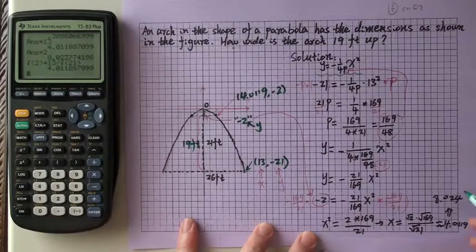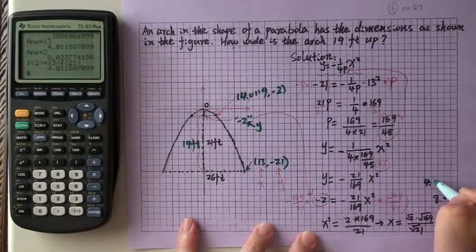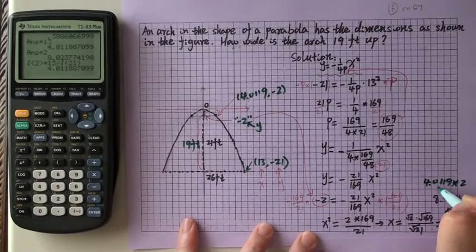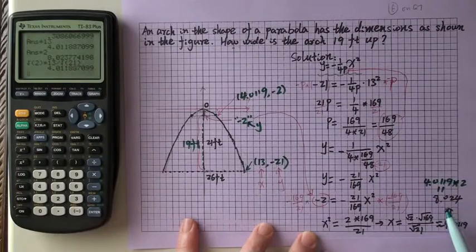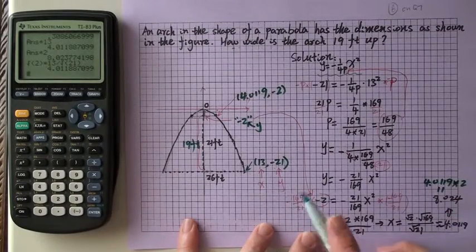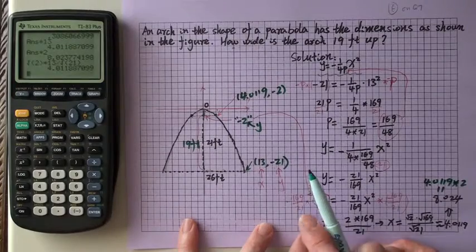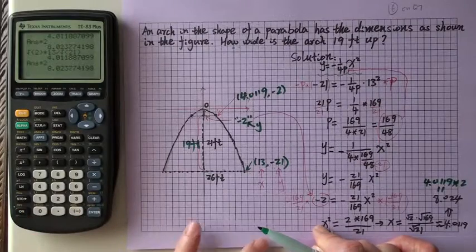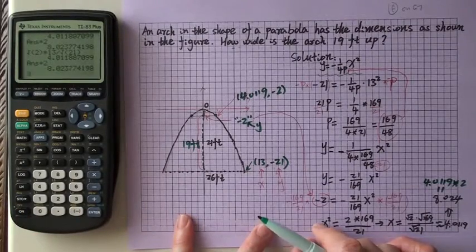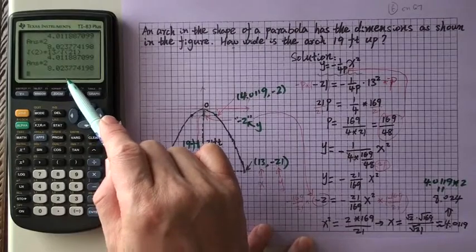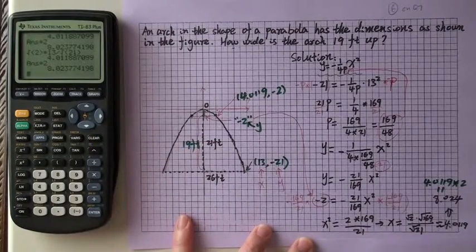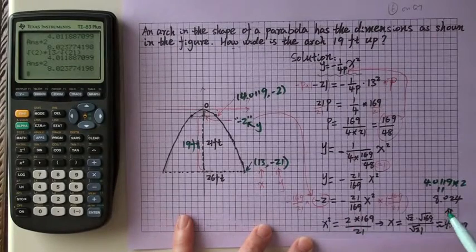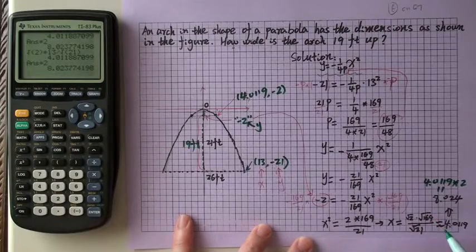So 4.0119 times 2 equals what? 8.024 approximately. If you do your times 2 and hit enter, here is 8.024.